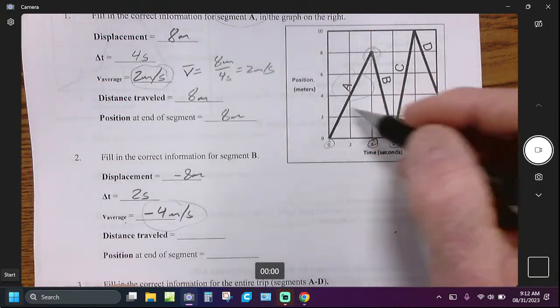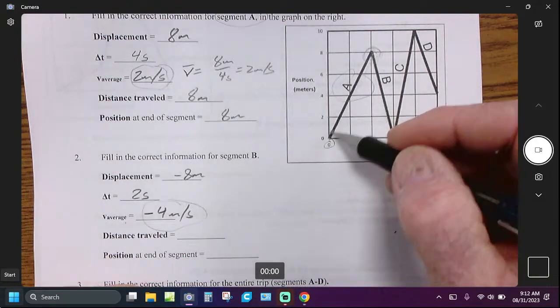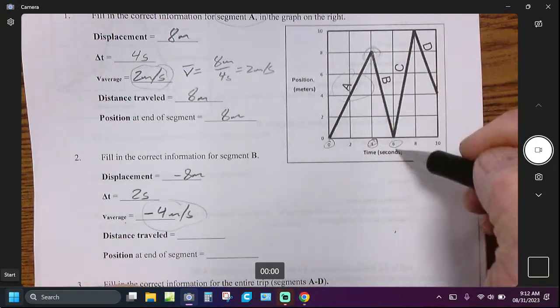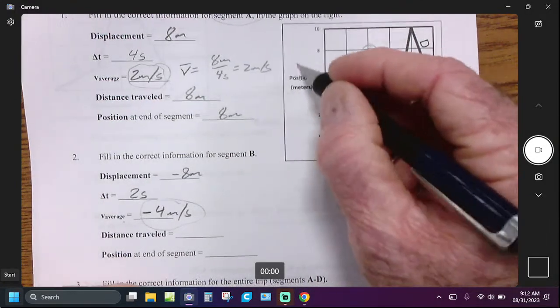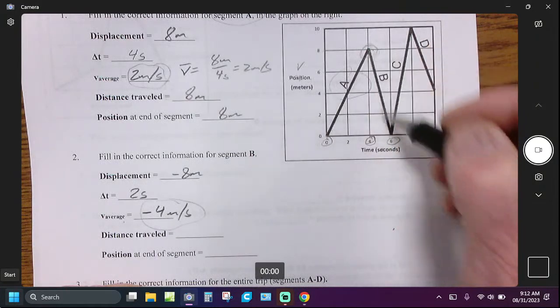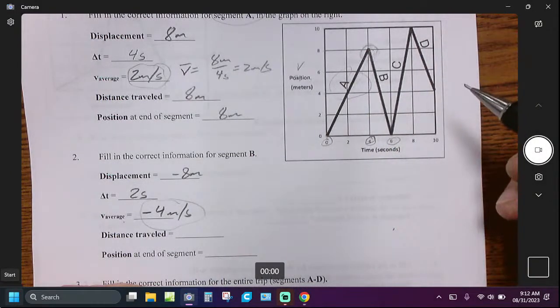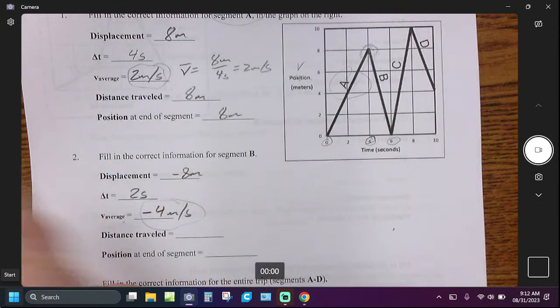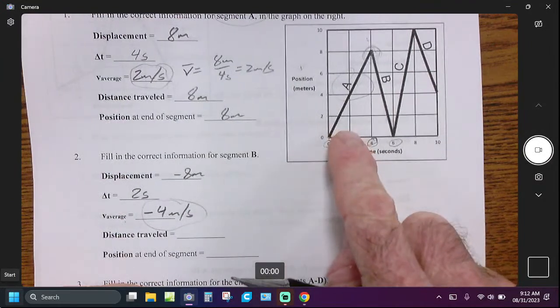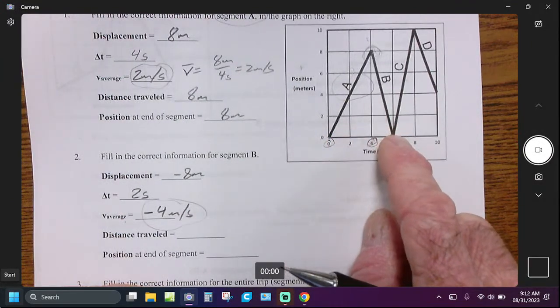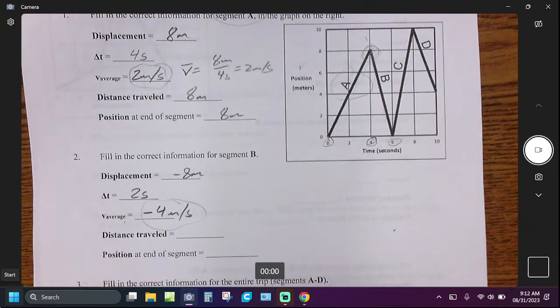If you take the slope of position versus time, you find out how much your position changes with every second. That gives you velocity. If you take the slope of velocity, you find out how much your velocity changes every second. Acceleration. It'll be acceleration. So when we get to those, the slope of one is the next one, and then the slope of that one is the next graph.